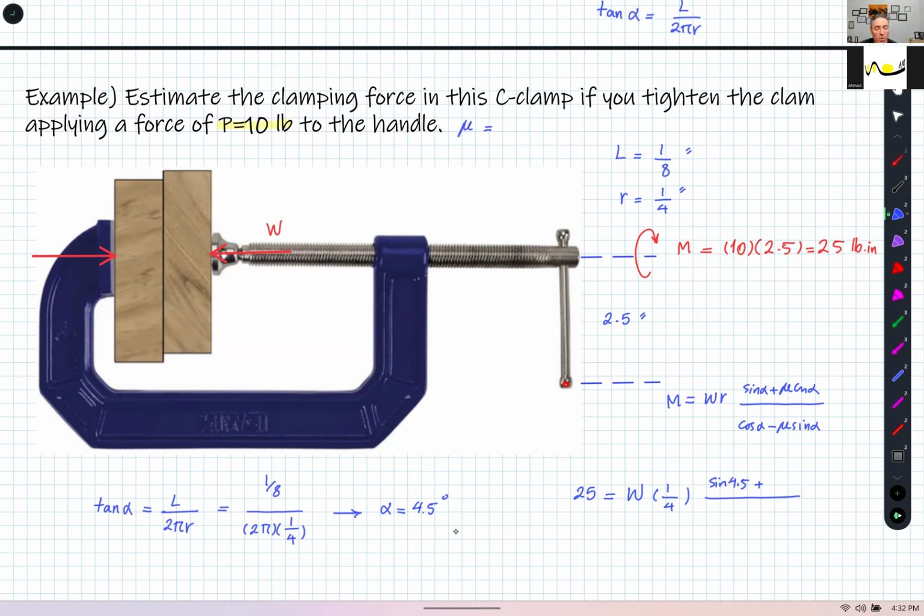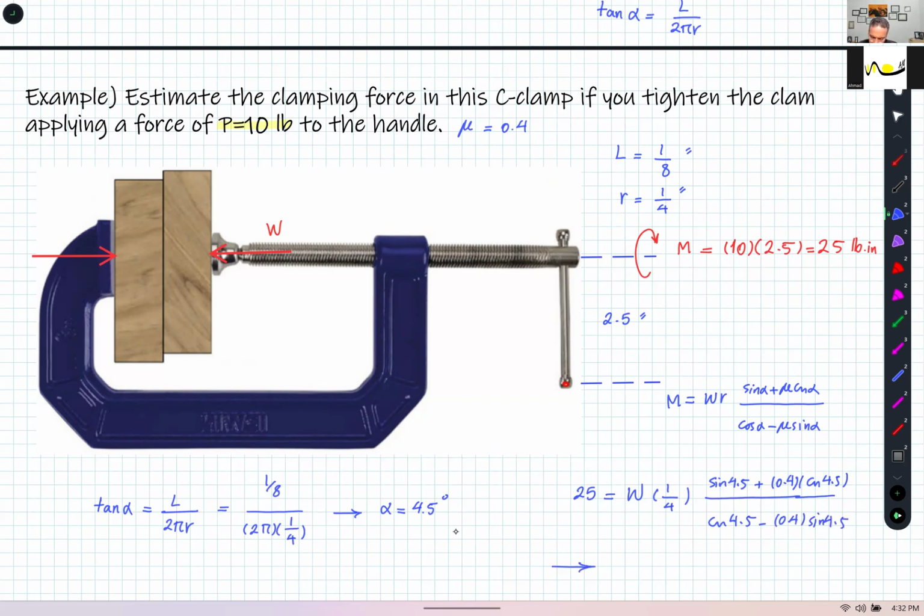Let's go to our catalog again. We check the friction between steel and steel, approximately, and we'll use the value of 0.4. And here I have cosine 4.5, sine 4.5.